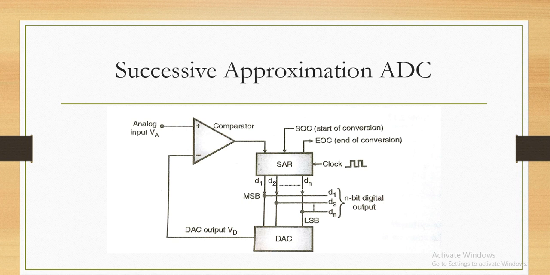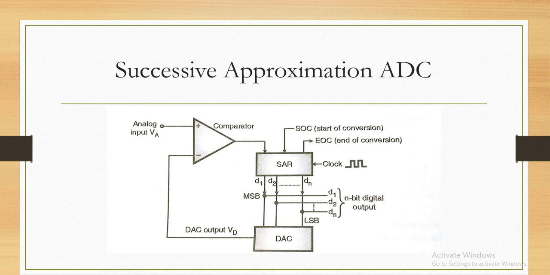So how the successive approximation type of ADC converts that input voltage into digital code, that we have to see. This is also a faster type of ADC, but it is not much faster than flash type of ADCs, that you have to keep in mind. It is a little bit slower than flash type of ADC.